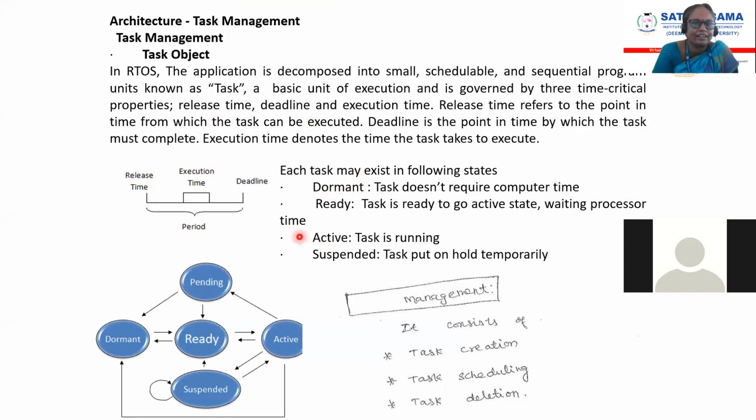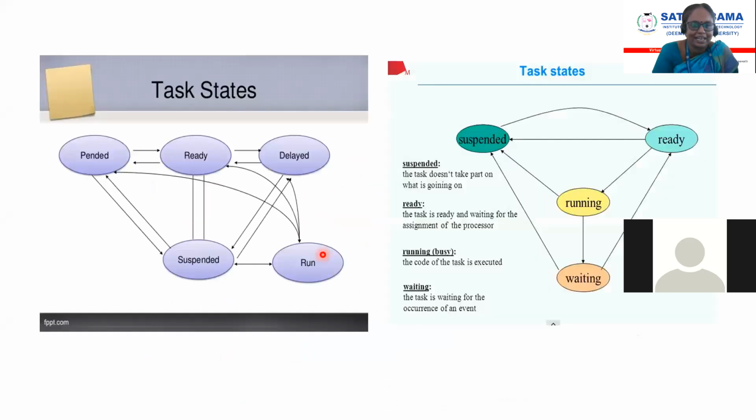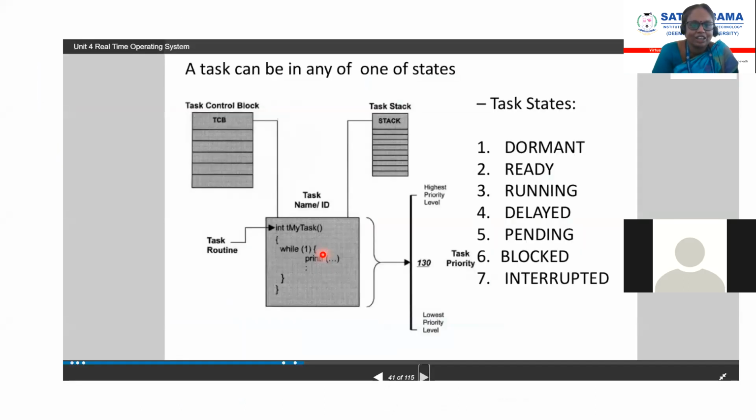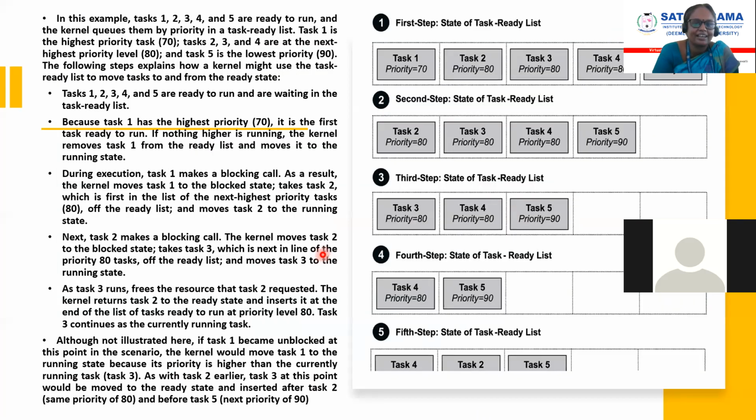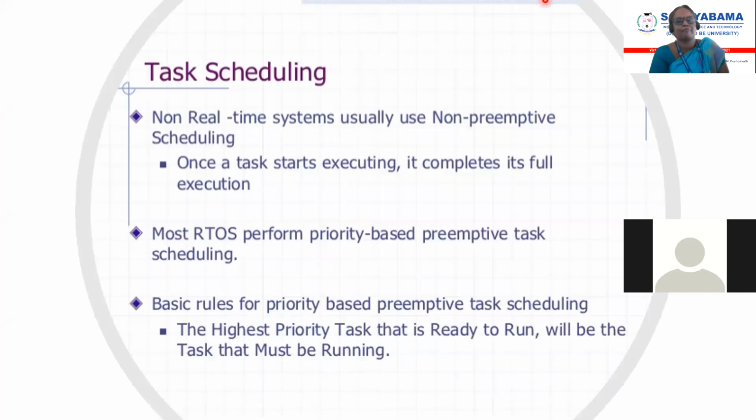Dormant is the task that doesn't require computer time, and ready means it is going to activate mode, active means the task is running, suspended means we put it on hold temporarily, and various tasks we have discussed, and we have seen prioritized tasks also. Okay, the next important topic we are going to see is task scheduling.